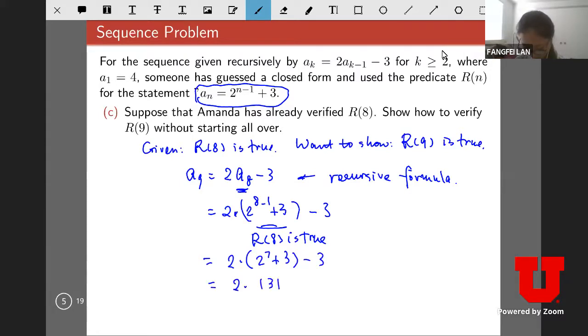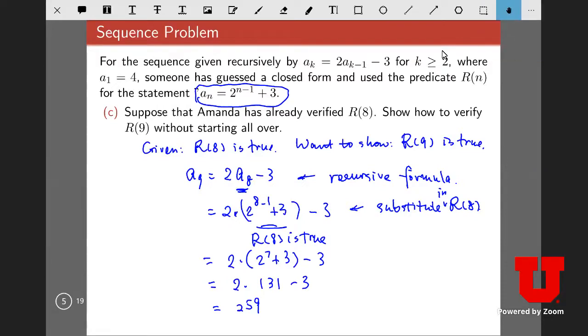This is 131, I think. Minus 3, 259. So this step basically substitutes R8 in. Any questions so far?